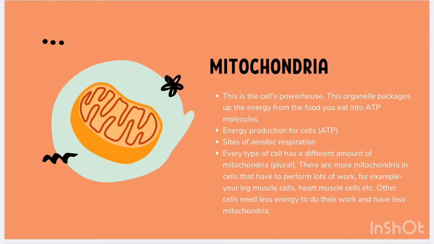Aerobic respiration is the process by which organisms use oxygen to turn fuel such as fats and sugars into chemical energy. The mitochondria produces ATP molecules, or what we know as adenosine triphosphate molecules. It is an energy-carrying molecule found in the cells of all living things.